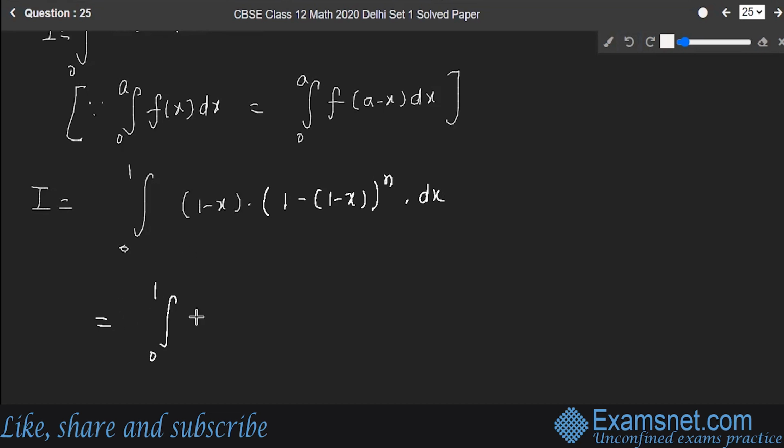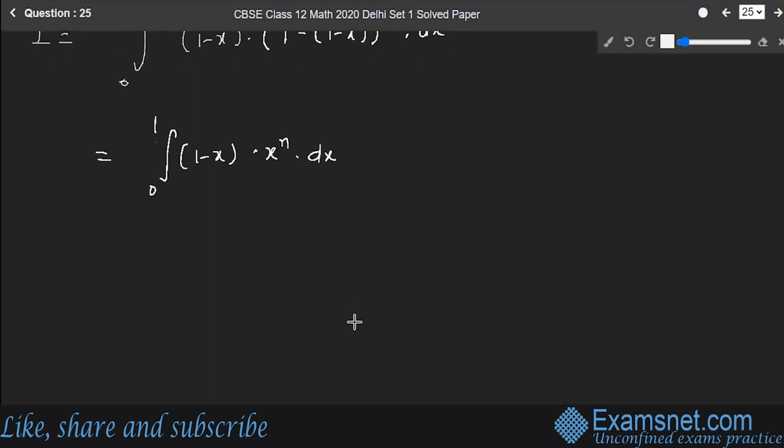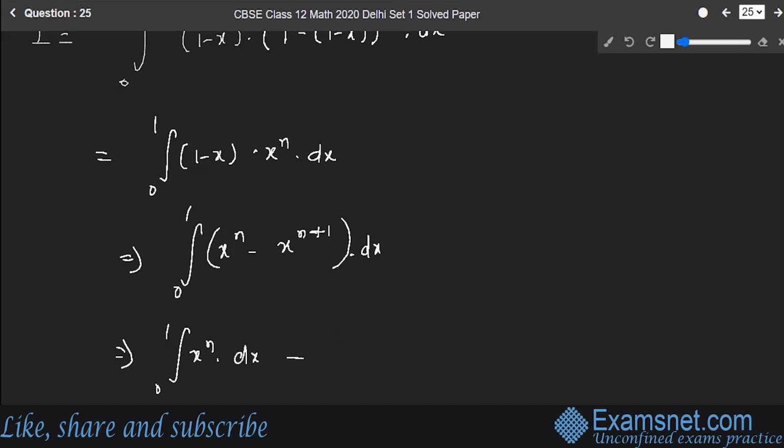This is equal to limit 0 to 1, 1 minus x, because this 1 and 1 will cancel, into x raised to power n dx. Let's open up the brackets. You will have 0 to 1, x^n minus x raised to power n plus 1, into dx. So this will be equal to, let's find out the integral, limit 0 to 1 x^n dx minus limit 0 to 1 x raised to power n plus 1 dx.